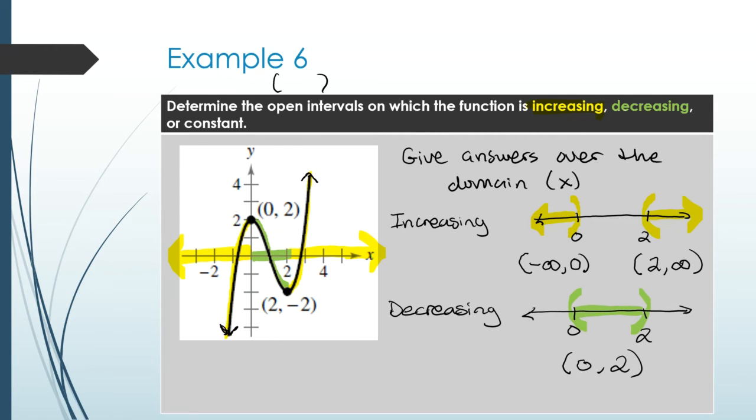And then when it says constant, you do need to still answer whether it's constant, because otherwise we could think maybe you just forgot to answer that. The constant part would be where is it flat? But we don't have anywhere where it's flat, so we just write no constant intervals to address the fact that you did consider that, but there aren't any. There's nowhere where we are flat and horizontal, so there are no constant intervals.